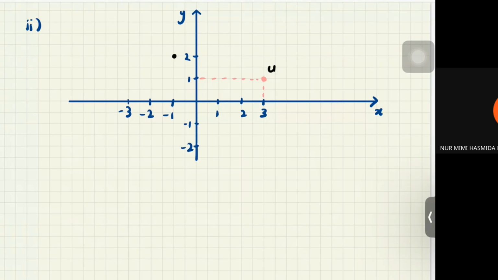This is your V. And then the transformation TU (3, -1) will be here.